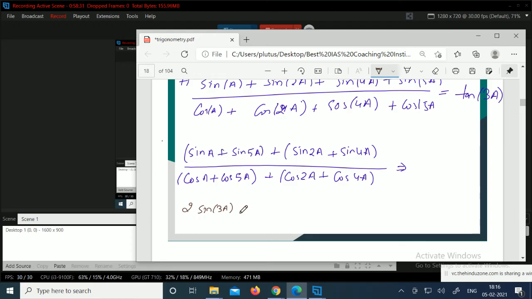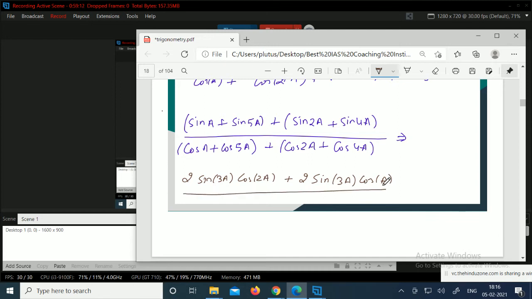This is cos 2A, since 5 minus 1 is 4, or negative, there is no effect in cos, as cos of minus theta equals cos theta, and here plus 2 sin 3A cos A. The numerator value is 2 sin 3A cos 2A plus 2 sin 3A cos A. In a similar way, for the denominator we use the cos C plus cos D formula. What is the value for cos C plus cos D?